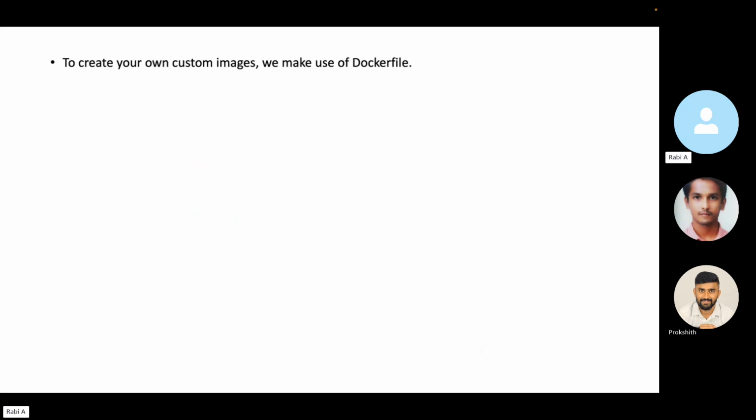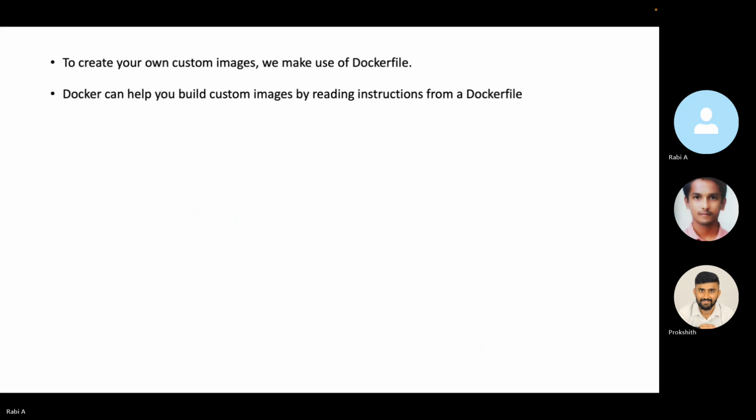Your Docker file is simply a text file which contains all the necessary instructions. Docker can help you build your own custom images by reading instructions from a Docker file. So at any point when someone comes and tells you, hey, can you build a custom image for this, they're basically telling you to have a Docker file, have the instructions in the Docker file, and then create an image out of it, right?